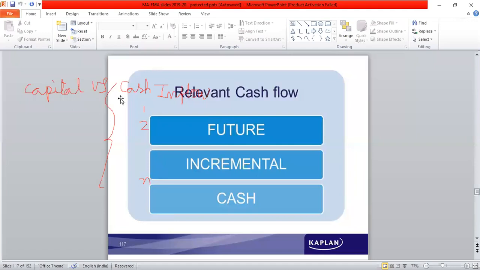So we first have to understand what the cash flows are. They are earned in the future. They may not be the same amount. It could be incremental, that is, year after year there must be some increase in the cash flows. And what are the cash amounts? The benefits which are expected to be derived should be there in terms of cash inflows.